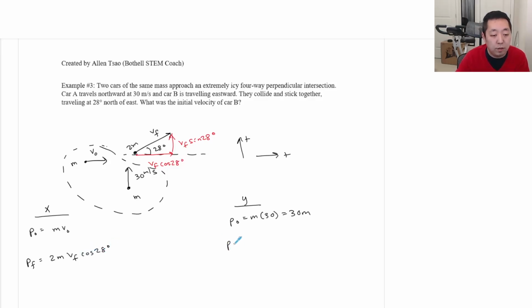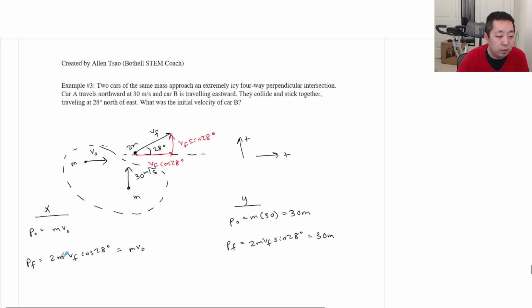And then the final momentum in the y direction is 2m, they're moving together, at VF sine 28 degrees, their velocity in the vertical direction. And this one has to equal mv0 by conservation of momentum, and this one has to equal 30m by conservation of momentum, right? So we do conservation of momentum horizontally and vertically.